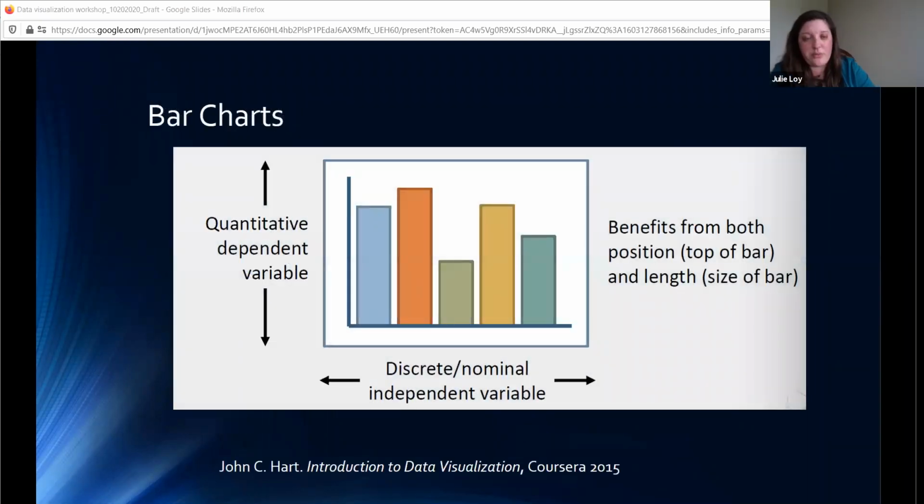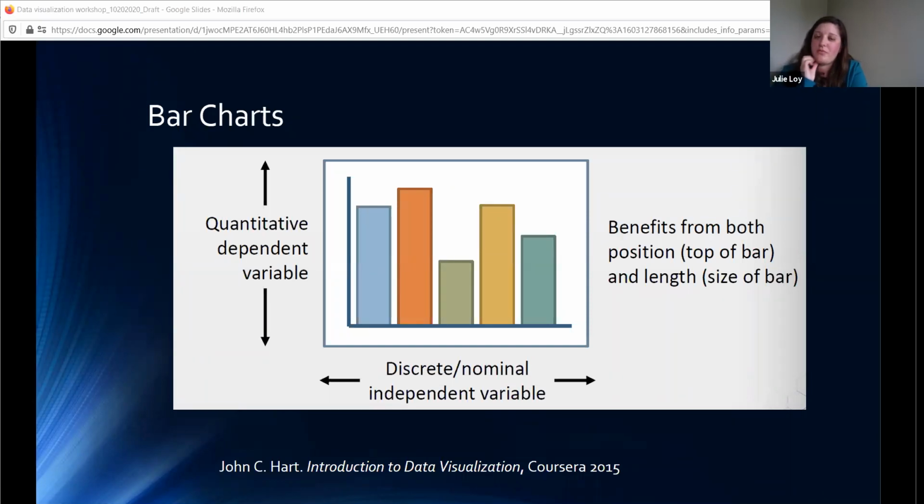Okay, so bar charts. These can be used for comparing quantitative data from several categories. We have an example on the next slide of 2 different years, using multiple emissions.